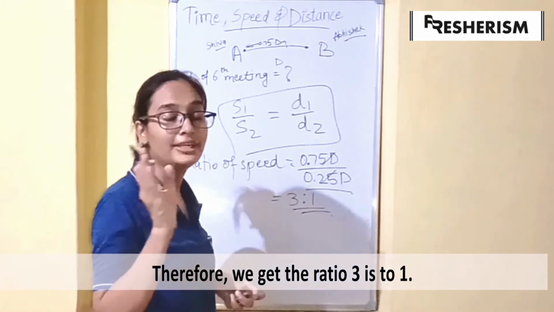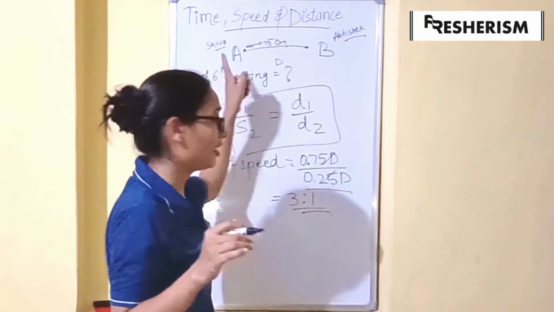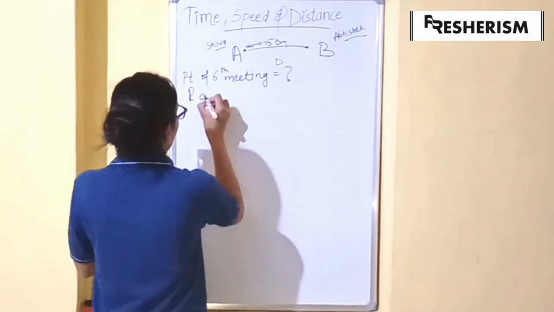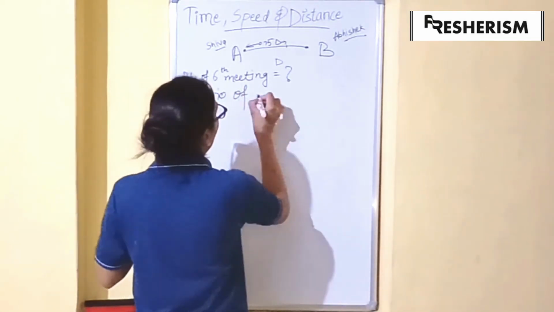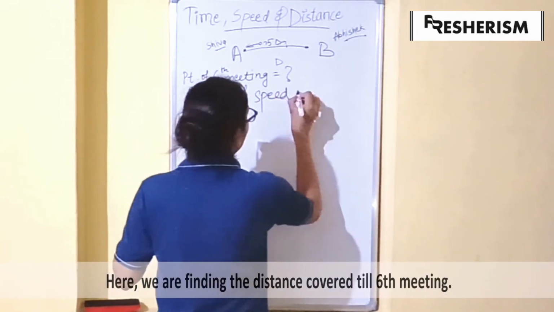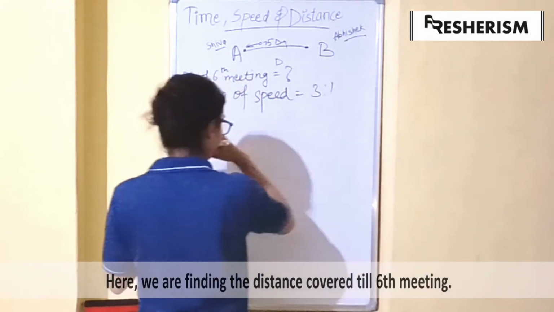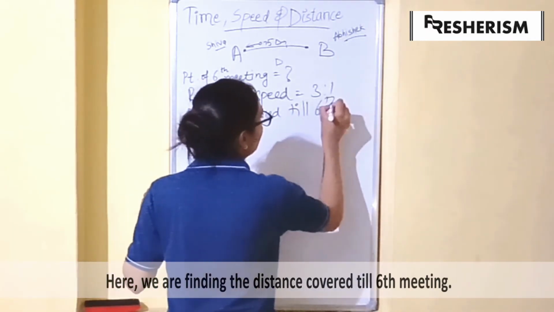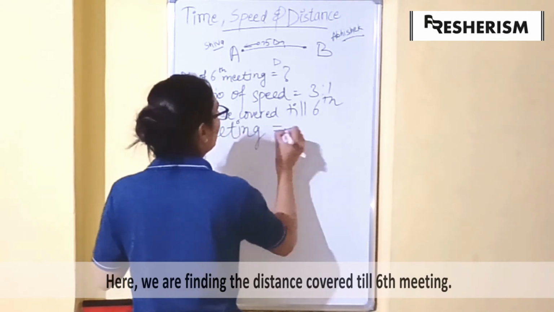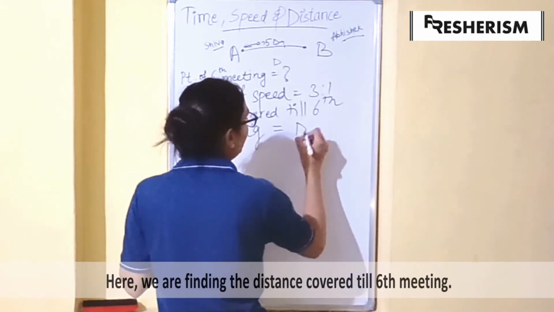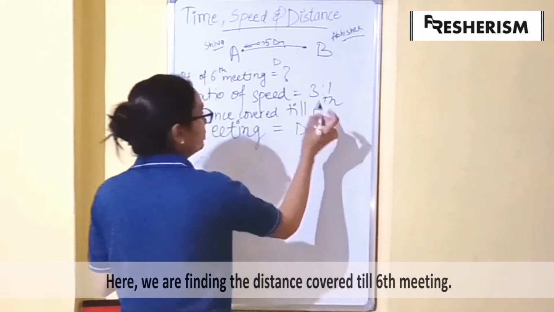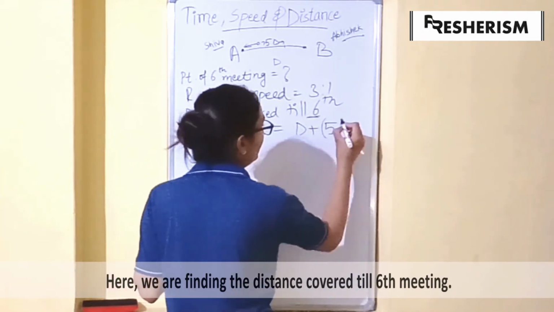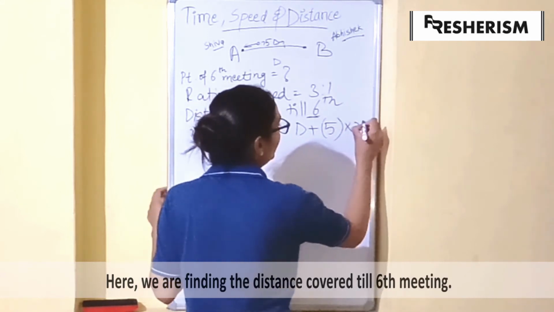Now we know the total distance traveled by Shiva and Abhishek till their sixth meeting will be, the ratio of speed we found is 3:1, and the distance covered till the sixth meeting will be equal to D plus, as we are finding for sixth, n minus 1, that is 6 minus 1, which is 5, multiplied by 2D.